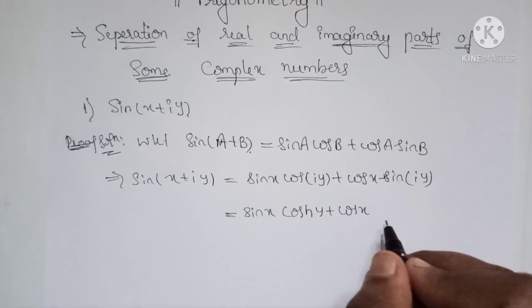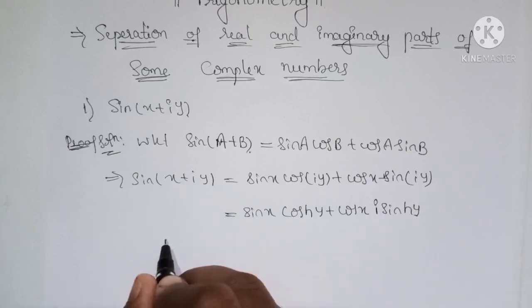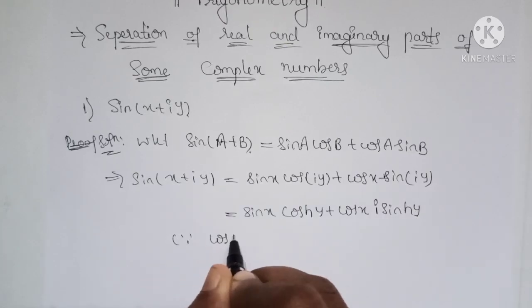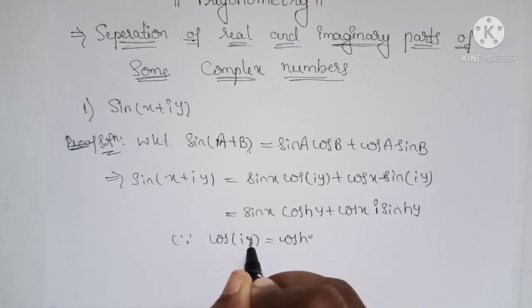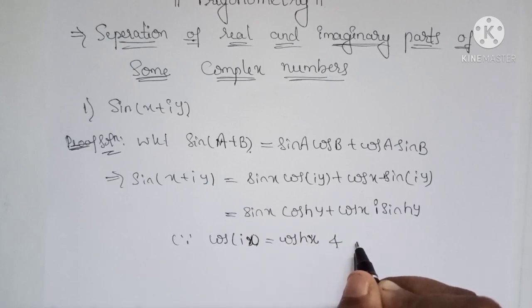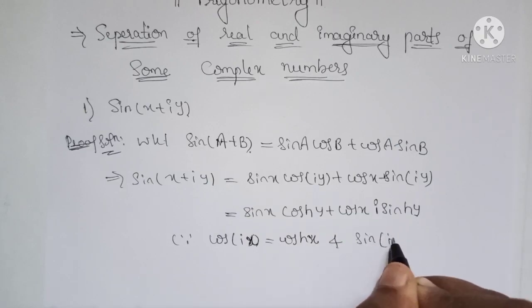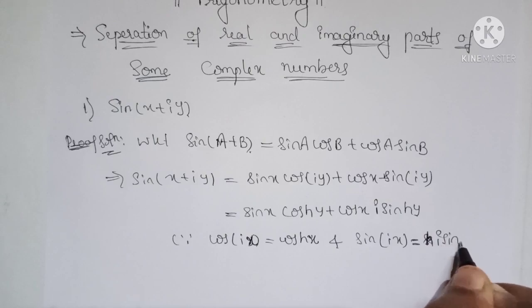The sin of iy can be written as i into sinh y, because cos of iy is equal to cosh y, and sin of ix is equal to i sinh x.